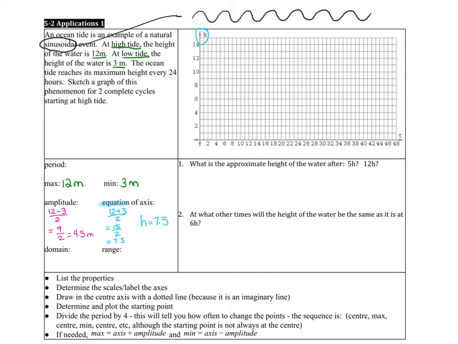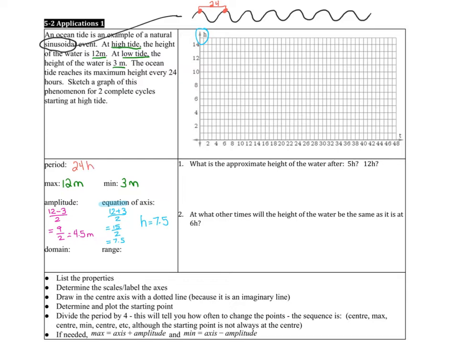Now the other thing is, the ocean tide reaches its maximum every 24 hours. So that means from here, it reaches its high tide again every 24 hours, and that is 1 cycle. So that means the period is 24 hours.